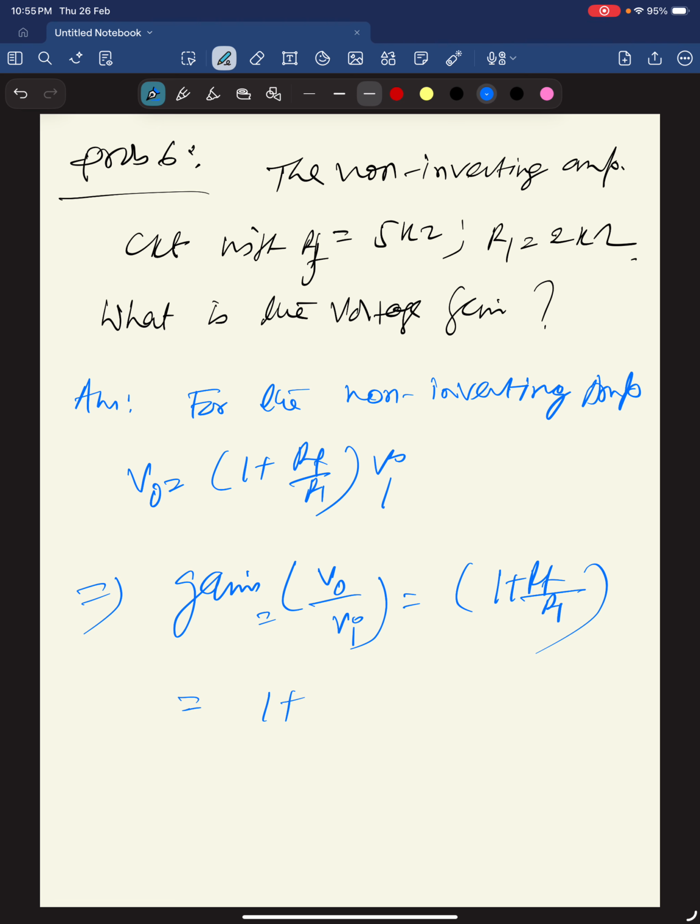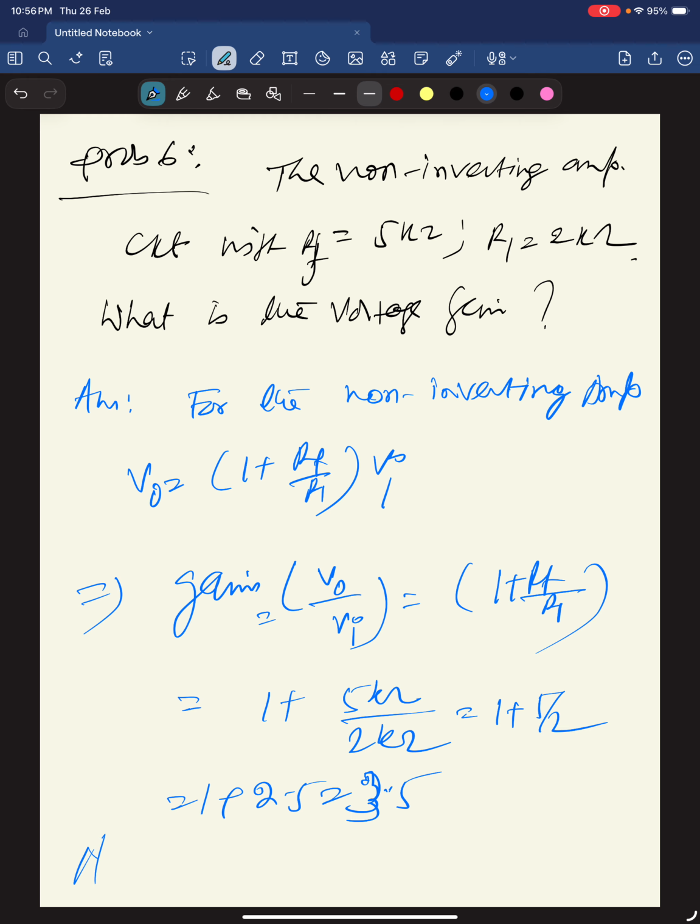So Rf is 5 kilo ohms, R1 is 2 kilo ohms. So 1 plus 5 by 2, so 1 plus 2.5, so 3.5. So the gain is equal to 3.5. The final answer.